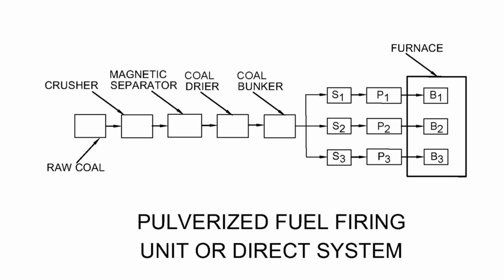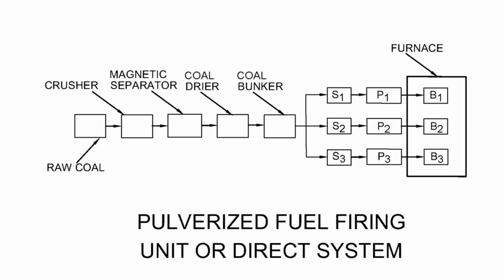Next comes the coal dryer. The coal may become wet due to weather conditions and in the washery, where it is washed to remove dust and other insoluble constituents. In the dryer, it is dried. Outgoing steam from the boiler is used for this purpose.